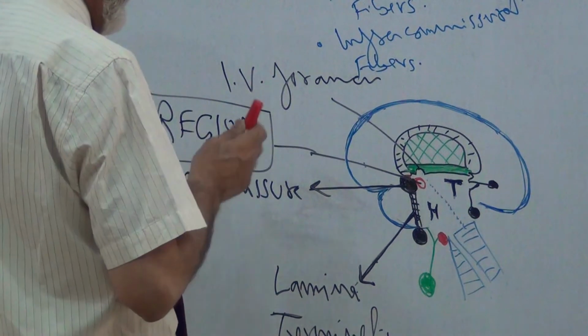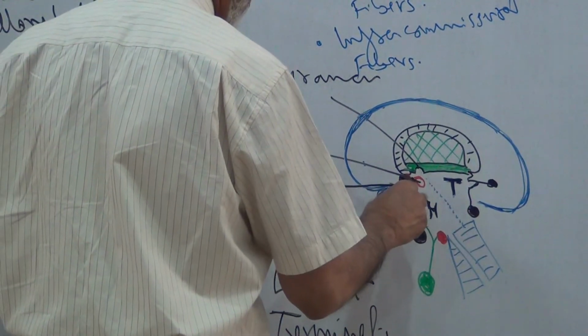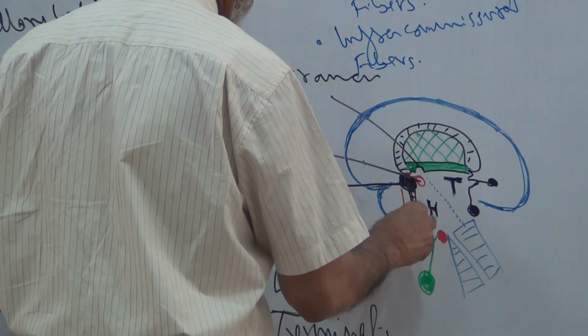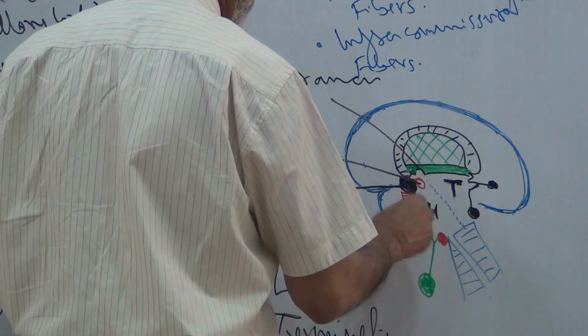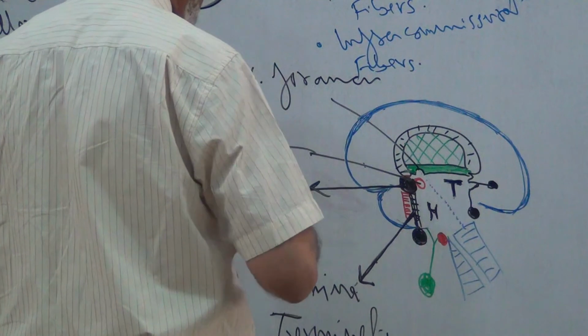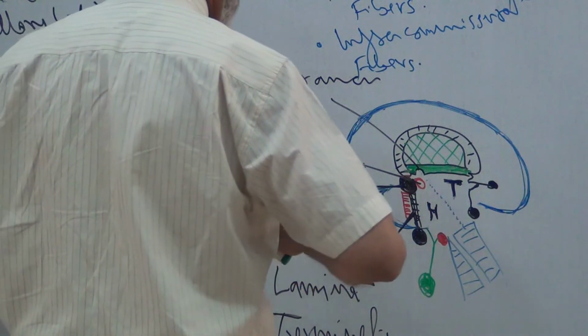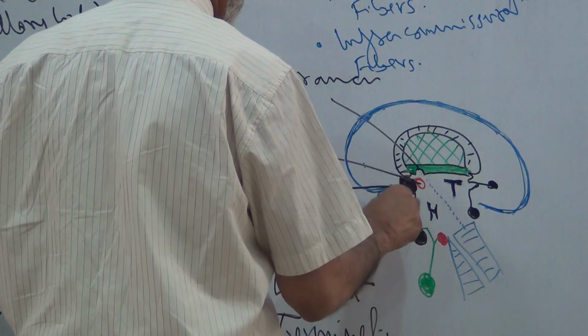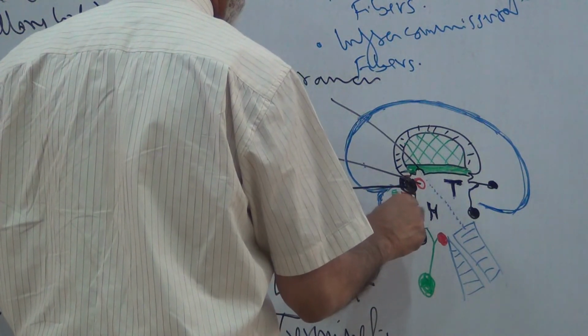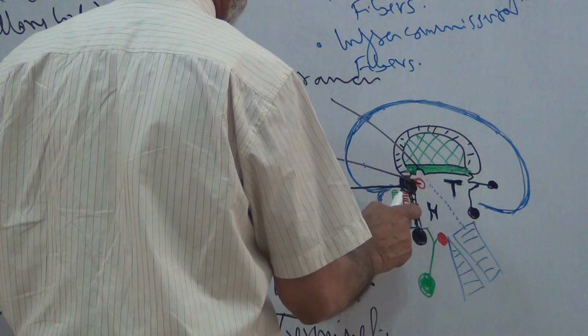Now in front of the lamina terminalis there are two small gyri located on the medial surface of the cerebrum.